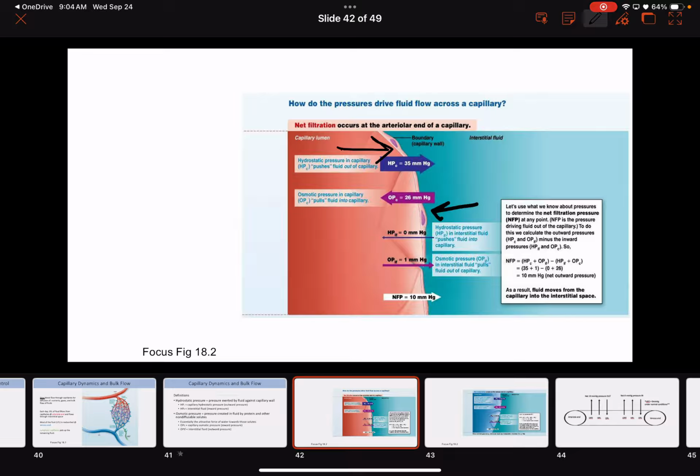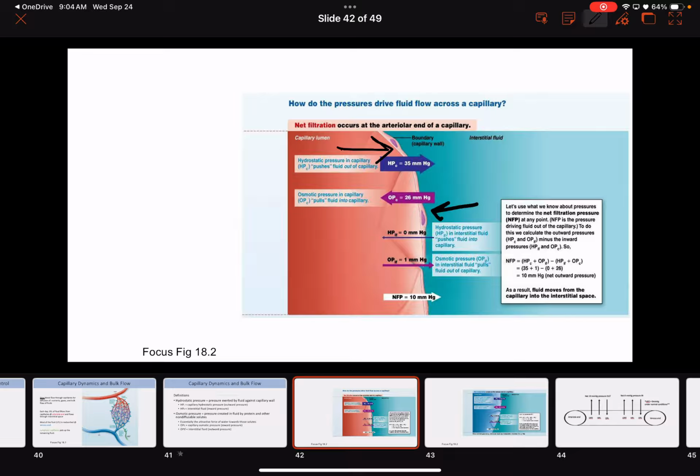The interstitial fluid, though, is kind of just floating out there. It's not going in any one direction. There's no pump pumping in any one direction. And so the pressure against the wall by the interstitial fluid on the outside is essentially 0. Because again, that fluid is not moving in any one direction. It's kind of still, and doesn't really force any movement against the capillary wall. So compared to the pressure on the inside, the interstitial fluid pressure from the outside is essentially 0.